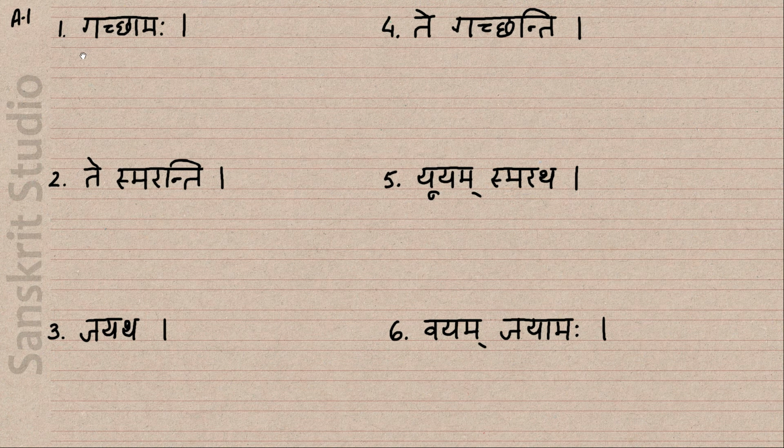So first we have Gacchamaha here, and we do our transliteration. We have a long A there, Amaha, and the Visarga at the end. And we do our eswo line as usual, English with Sanskrit word order.